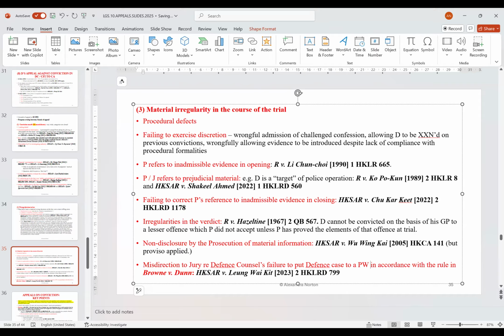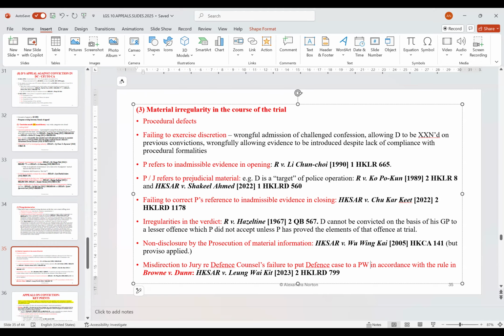So those of you who remember from your evidence law lectures, the rule in Brown and Dunn is a rule of evidence, and it's essentially a rule of fairness. What it is that you must question a witness in cross-examination about all material aspects of their evidence that you intend to argue in your closing submissions are incorrect, right?